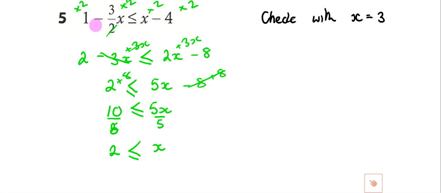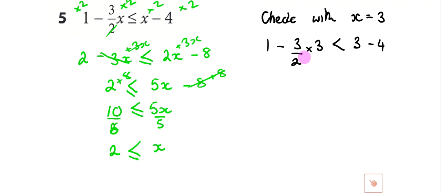So how do we check? We put it in. So 1 minus 3 over 2 times 3 should be less than 3 subtract 4. I've not done the "and equal" because I know the equal should be 2. Alright?